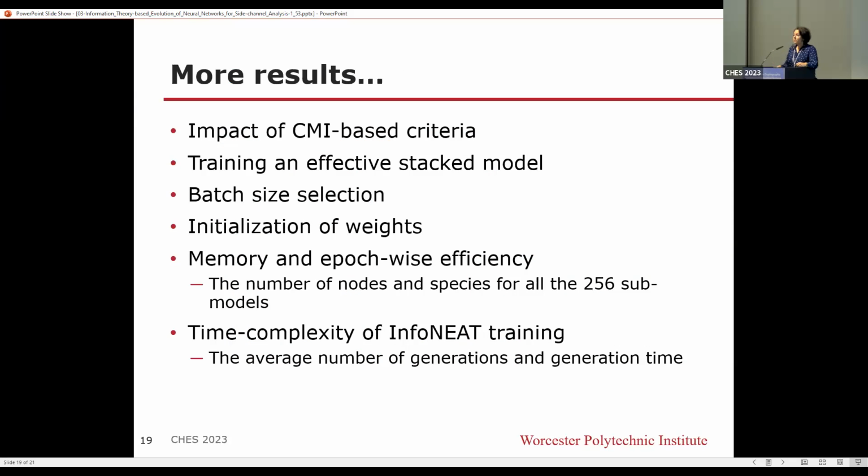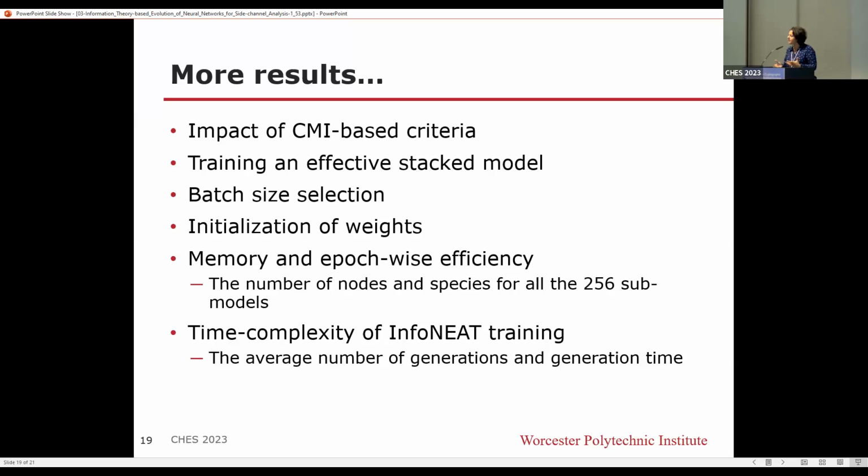There are many other results that you can see in the paper. Some of them are quite generalizable. It is not just about applying InfoNet in the context of side channel analysis. For instance, you will see some discussion on how to use learning curves to decide if the model is overfitting or is just good enough after training. You can see some comments on batch size selection and weight initialization.